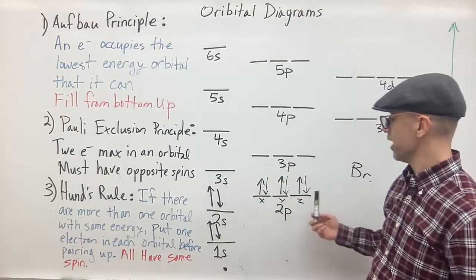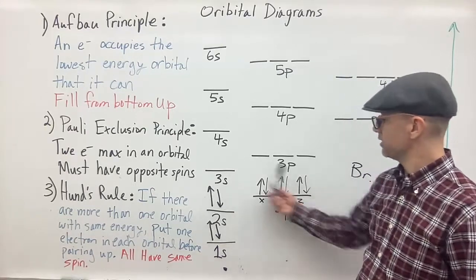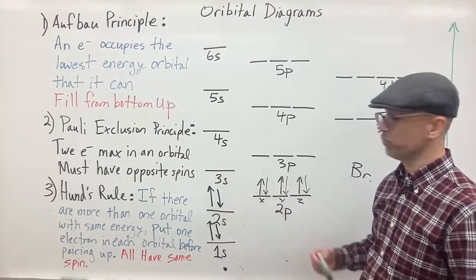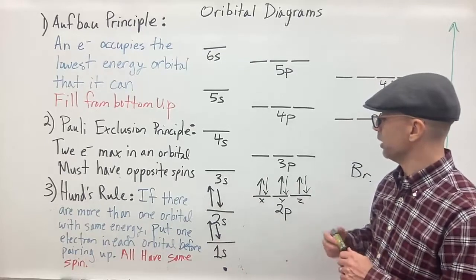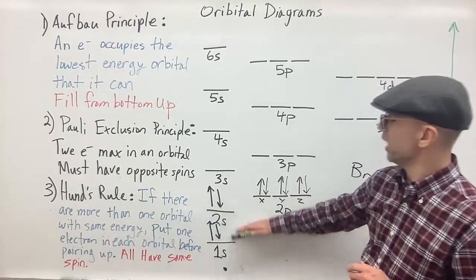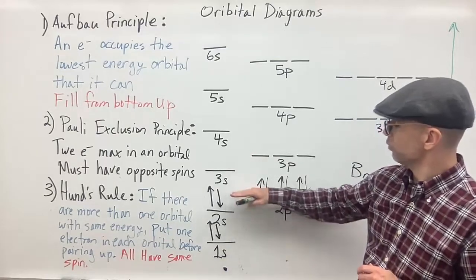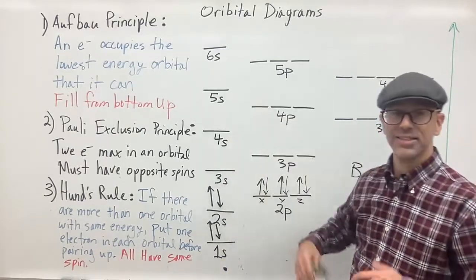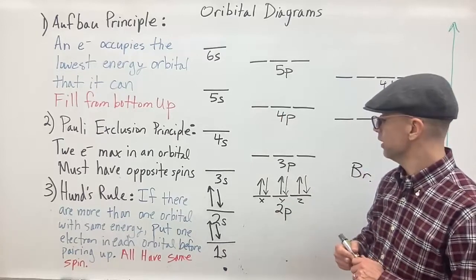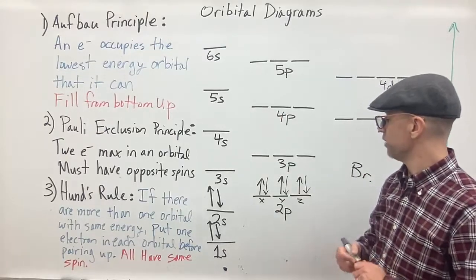So now we have, what is this? We have 10 electrons. We have 25 more to go. So we keep filling them in. We're following the Aufbau principle. We're adding electrons to the lowest energy levels, building ourselves up until we run out of electrons. So we've got 10, we've got 25 more to go.